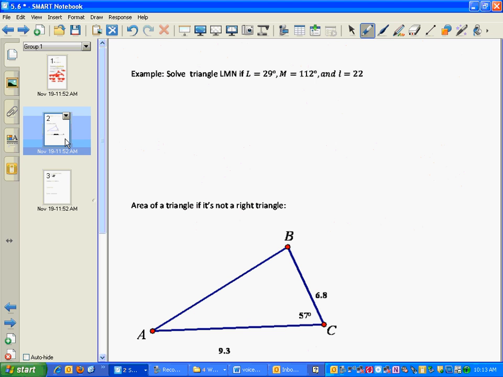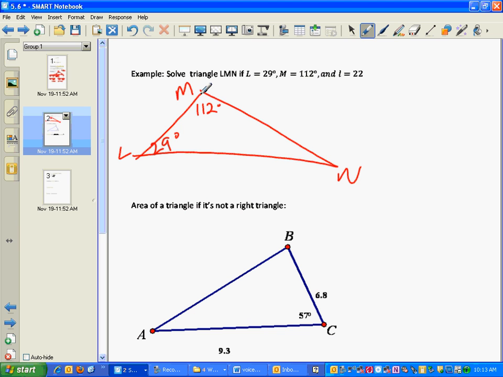Okay, so the next one tells us we're dealing with triangle LMN. All right, LMN, 29 degrees, 112 degrees, and now this one missing angle measure is 39 degrees. And so we know that side length L is 22.